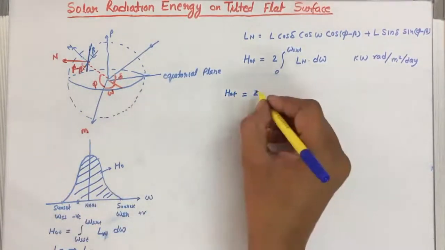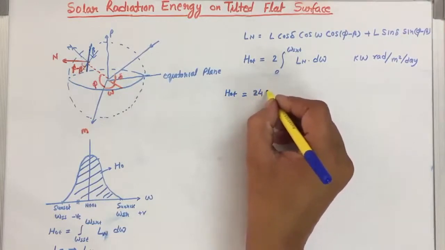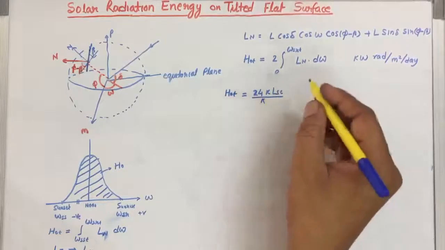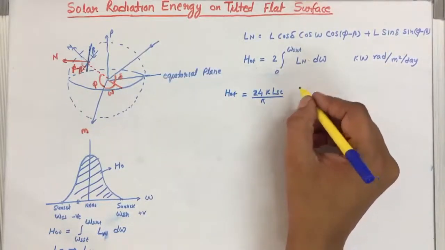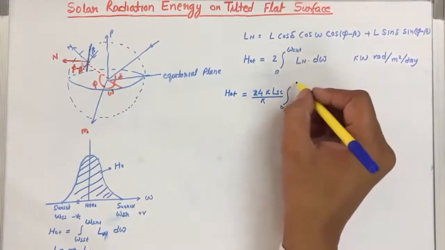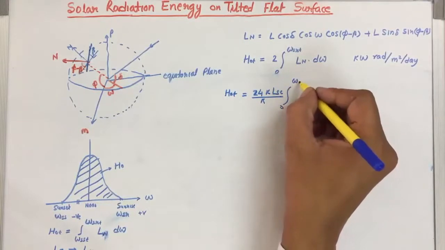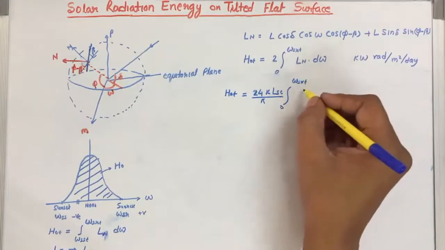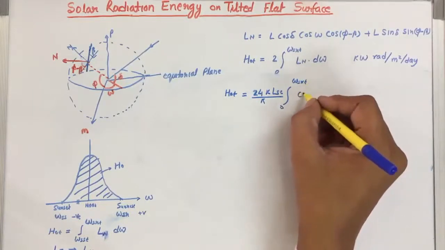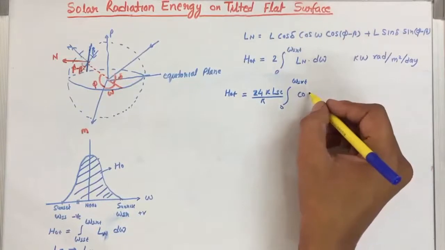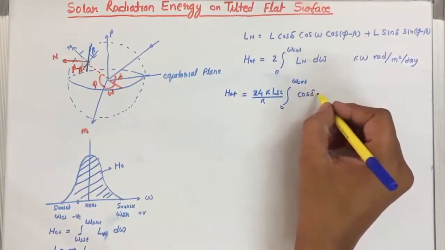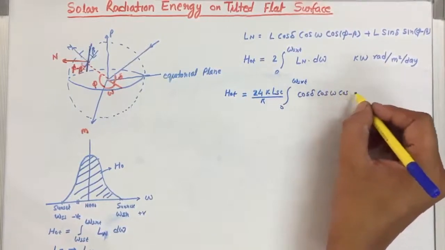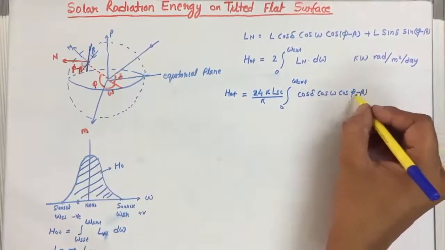24 K solar constant by pi, and the integration from 0 to the sunrise hour angle for the tilted surface, and the remaining terms will be like that: cos delta, cos hour angle, and cos of phi minus beta.